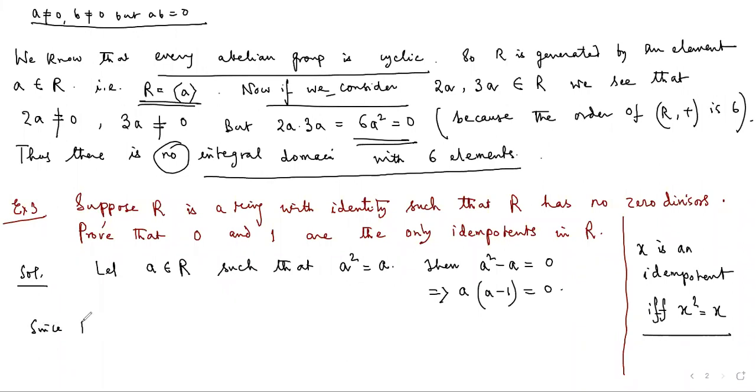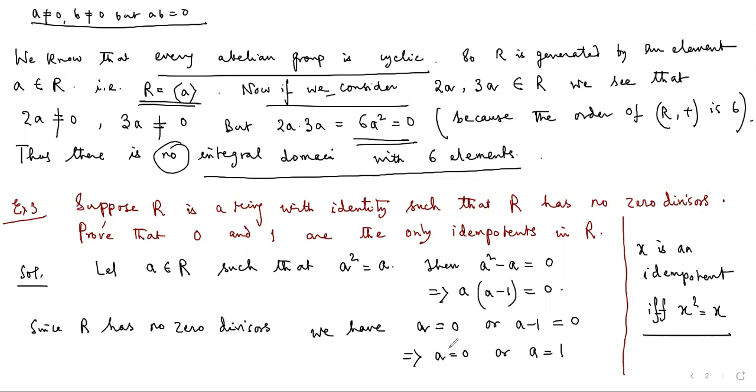Since R has no zero divisors, we have a equal to 0 or a minus 1 equal to 0. This implies the only possibility is a equal to 0 or a equal to 1, which proves the result.